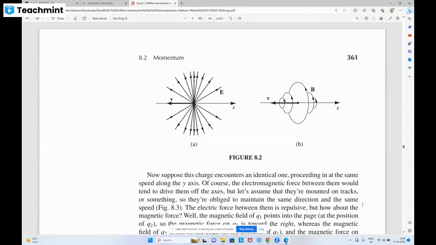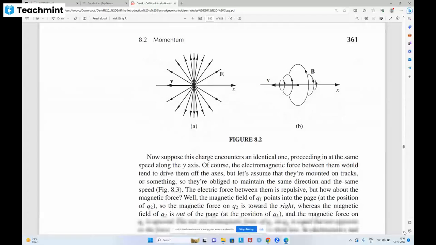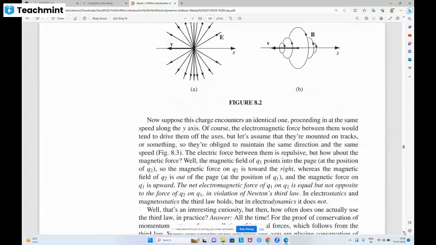But how about the magnetic force? Well, let's see. The magnetic field of Q1 points into the page at the position of Q2. So the magnetic force on Q2 is toward the right, whereas the magnetic field of Q2 is out of the page at the position of Q1.